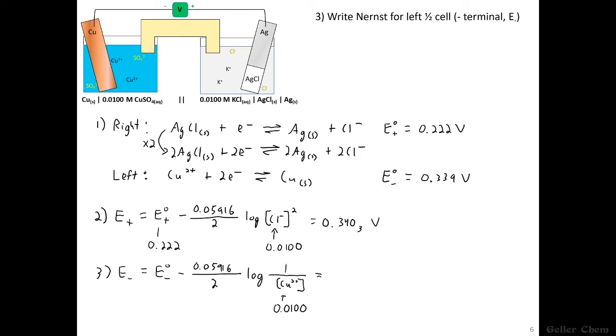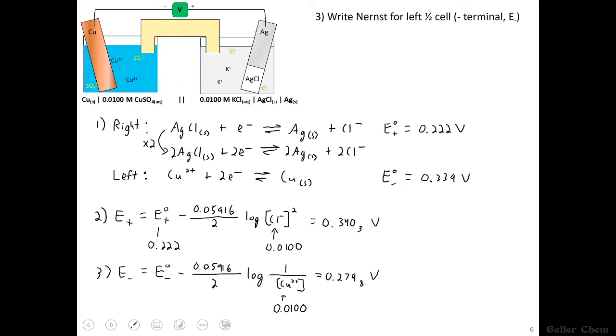Solve, and we get 0.279 little 8 volts. And so these are the true reduction potentials for this cell at these concentrations.